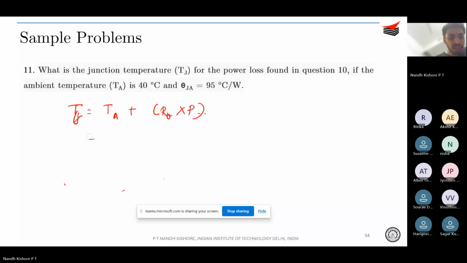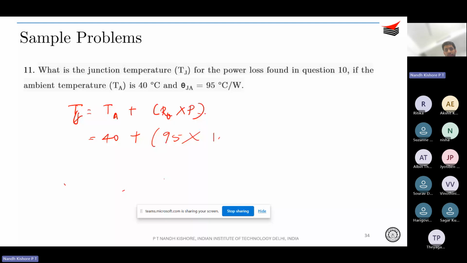So TA is 40, theta is 95 and power loss is 1.675. So just do it and you get the temperature.